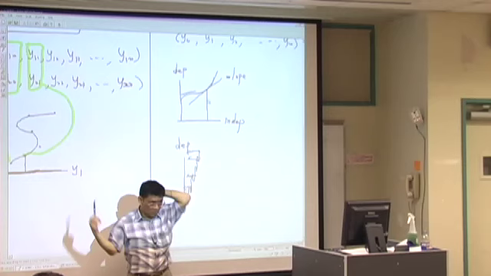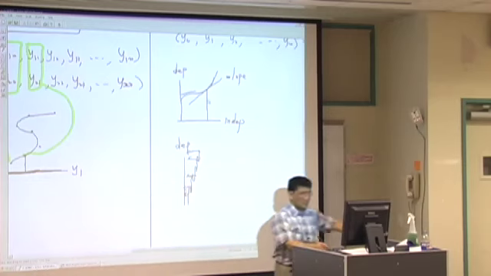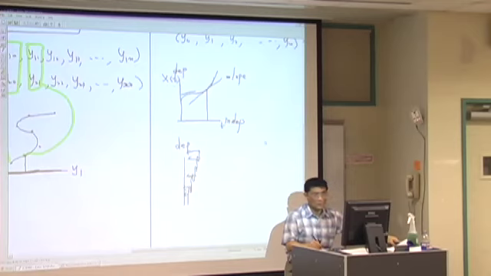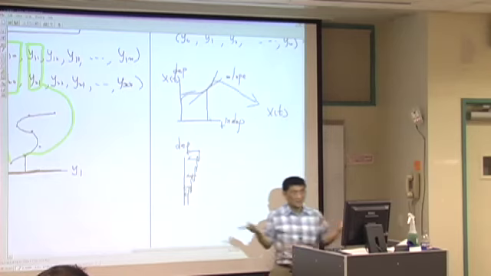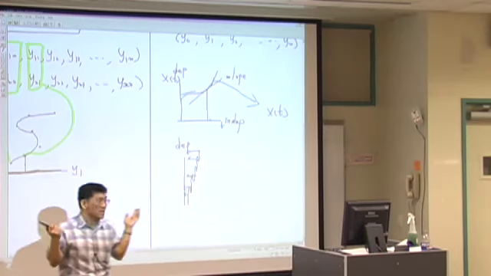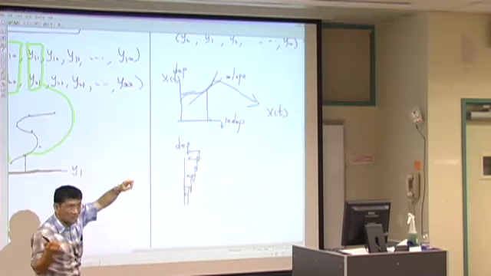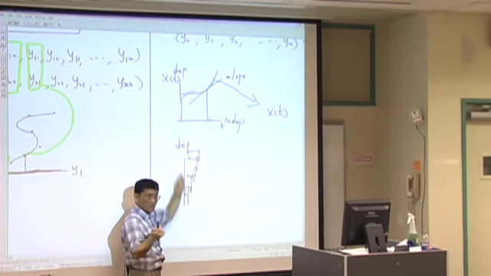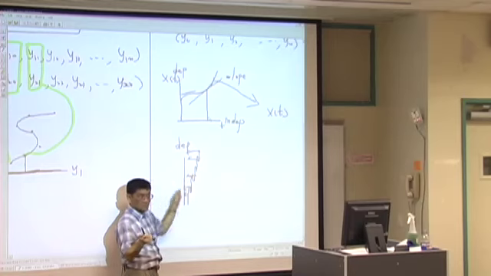Let's say x of t here and then t. You may say, oh, x of t looks like this. But in reality, no, x of t is not a curve. x of t is just the movement of a particle in the direction x.